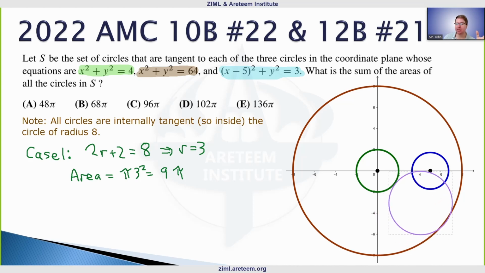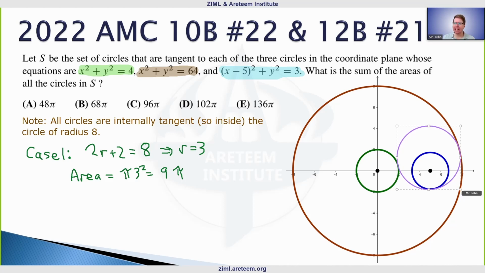Is it possible to be internally tangent to that blue circle, so we're inside of that circle? That is fine. Quick check: is the radius of this purple circle bigger than root 3? Yes. So my diagram is accurate. This is okay, and again, we have a doubled symmetry here.